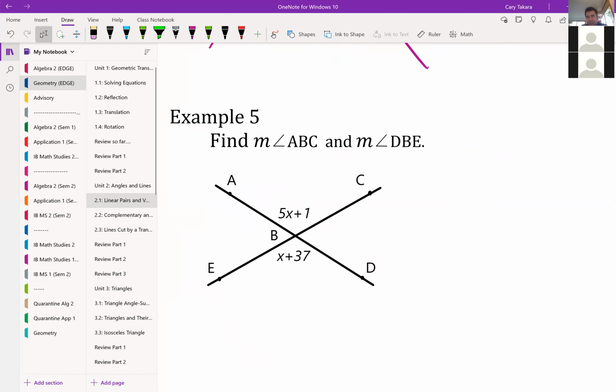Let's write it down. And if you feel like you can figure it out, let's set up an equation first and solve for x.